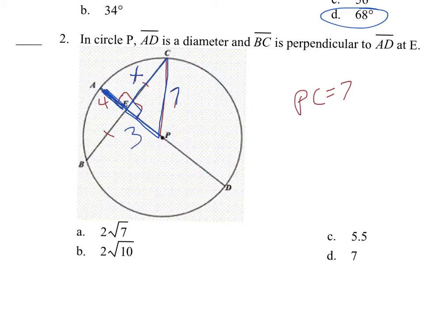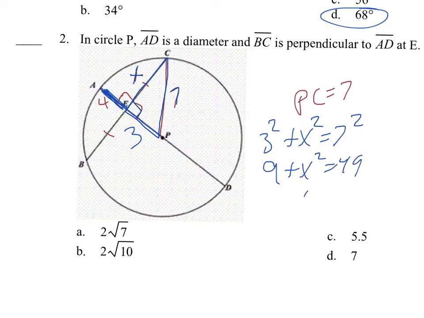So now we solve for X using the Pythagorean theorem. 3 squared plus X squared equals 7 squared, and we end up with X squared equals 40. We take the square root of both sides, and the square root of 40 simplified is 2 radical 10.